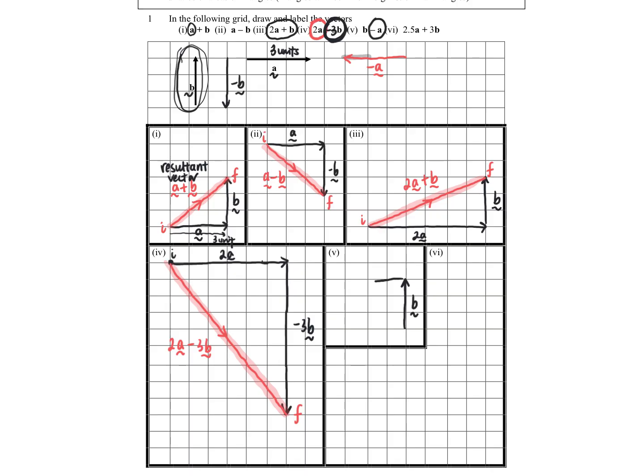So I move to the left 3 units. So this is my initial point. I'm ending here. So this is my movement, B minus A. So I move B first, then I do a minus A. So I started from here and here. So this is my initial and final.